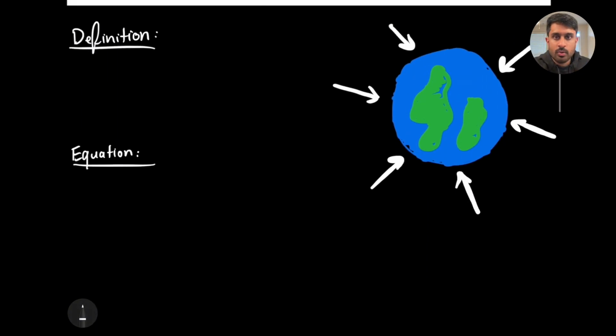So let's first understand what is the definition of the electric field. An electric field is a region around a charged object where another charge experiences a force.